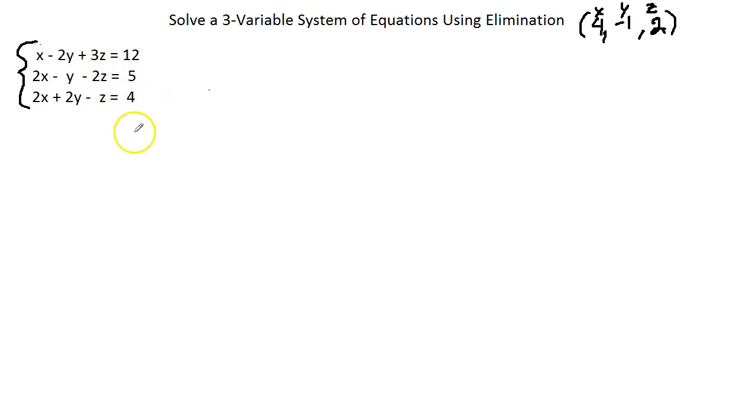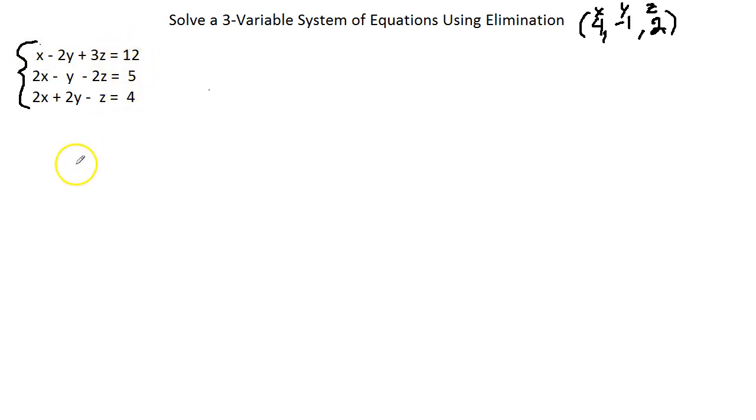Okay, now I'm actually going to choose the middle equation, and I'm going to eliminate the y's. Why? Well, the numbers are kind of small, and it just looks like fun to me. It doesn't matter which one, but if I chose the first one, I'm going to get some larger numbers here.